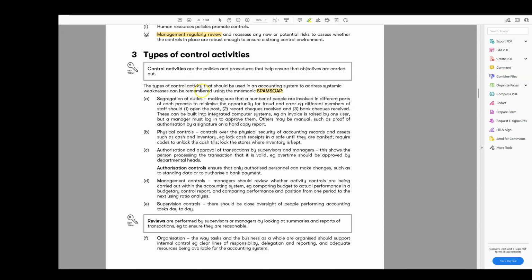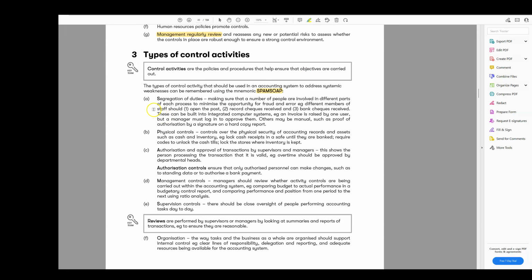The types of control activity that should be used in an accounting system to address system weaknesses can be remembered using the mnemonic SPAM SOAP. This word will help us remember the five controls.